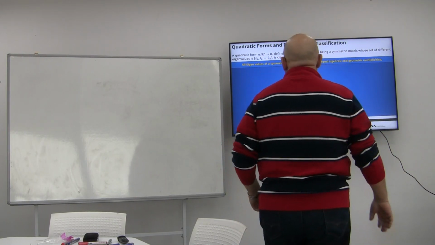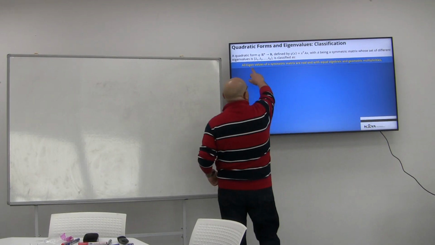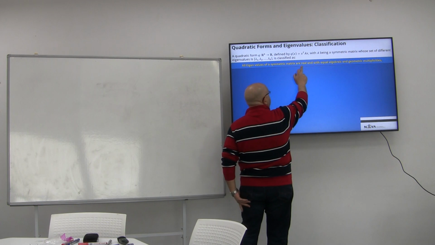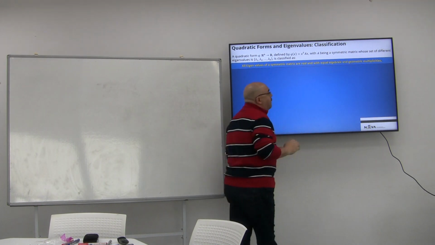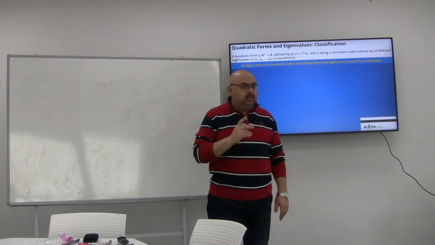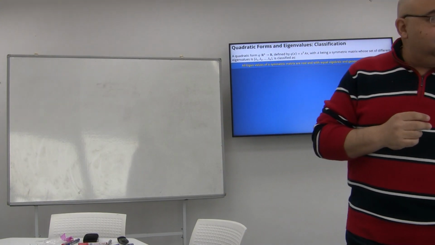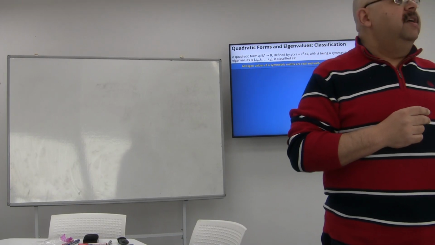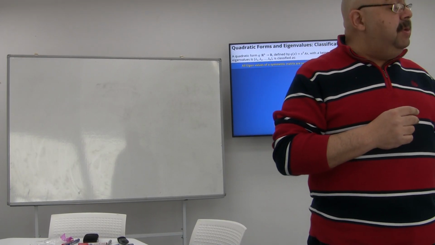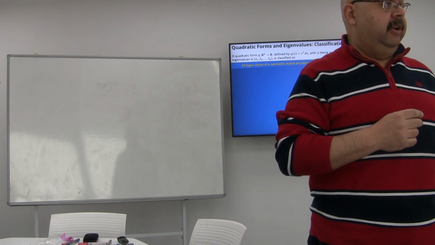Okay, very good. All eigenvalues of a symmetric matrix are real, with equal algebraic and geometric multiplicity. Do you remember what the algebraic multiplicity and the geometric multiplicity of an eigenvalue are? The algebraic multiplicity means the repetition of this eigenvalue.